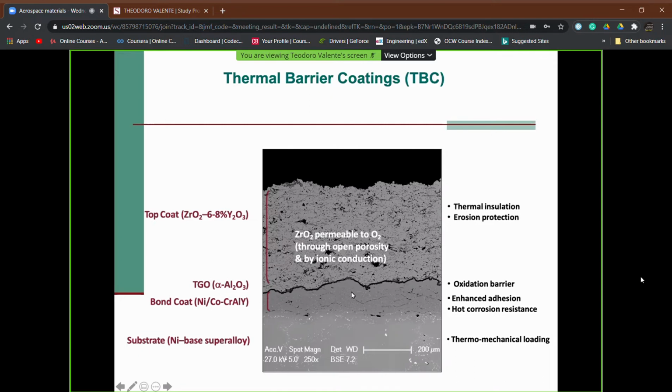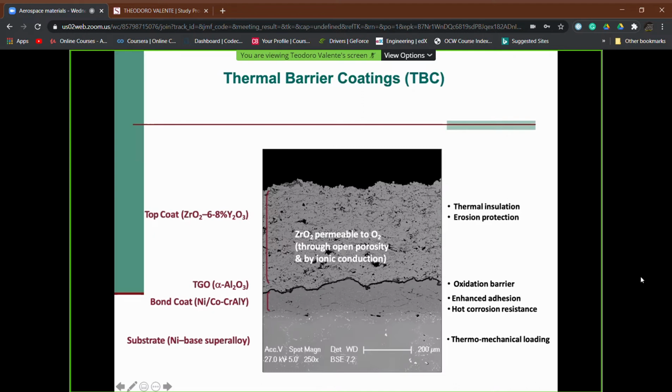Due to the formation of this thermally grown oxide, which is very dense, other gaseous species, like those which can give rise to the hot corrosion phenomena, are stopped and cannot come in contact with the nickel-based superalloys.